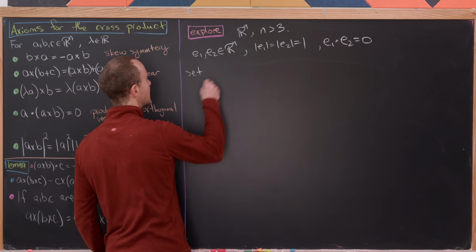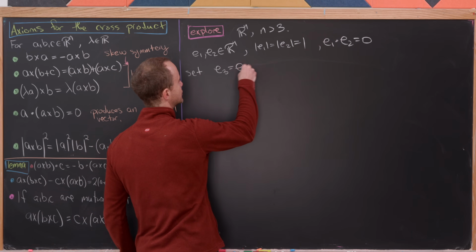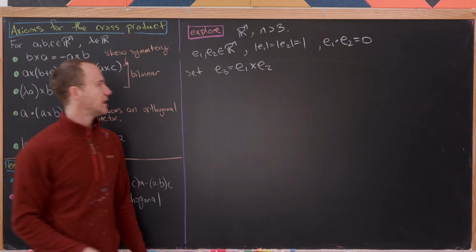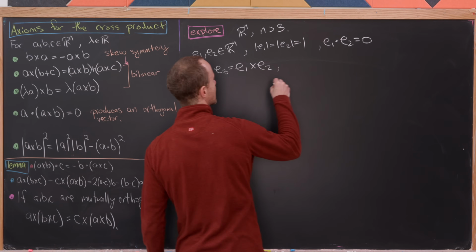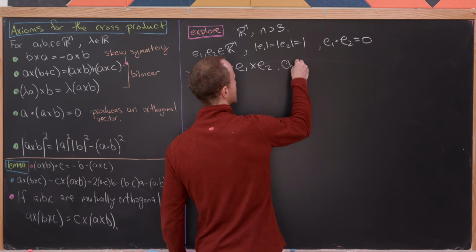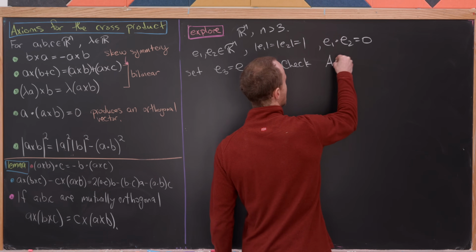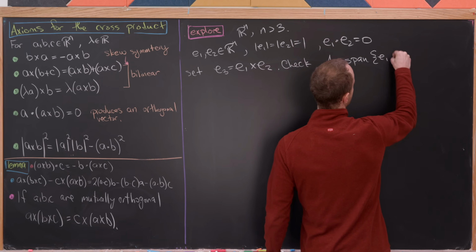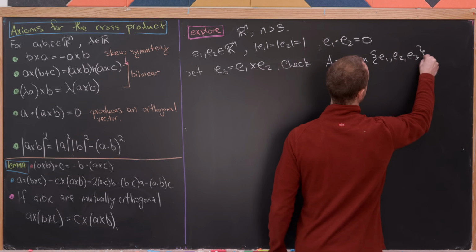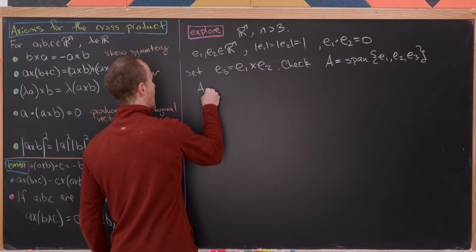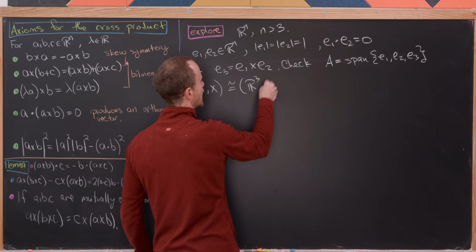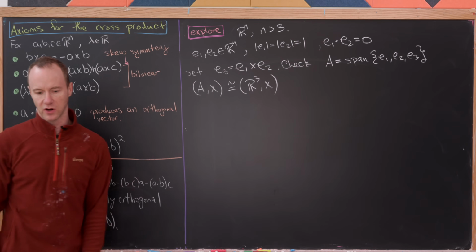And then from here, we're going to set e_3 equal to e_1 cross e_2. And then, well, what you can check here is the following, and I'll leave this to you. If we set A equal to the span of e_1, e_2, and e_3, then A with the cross product is essentially the same thing as R^3 with the cross product.